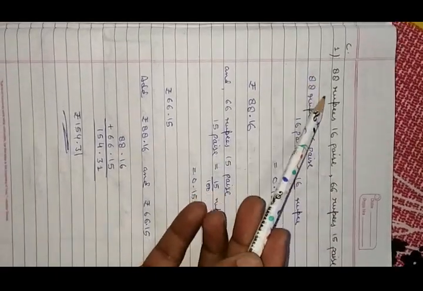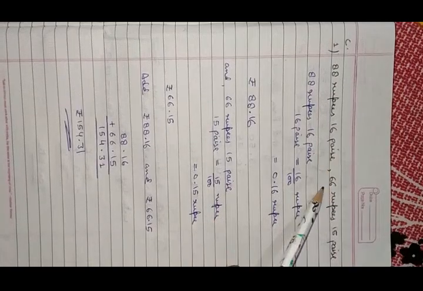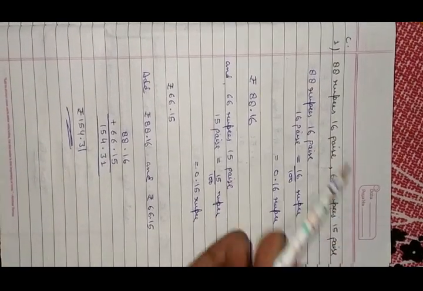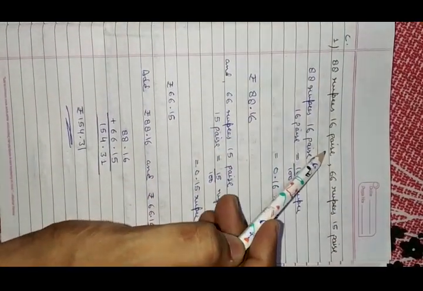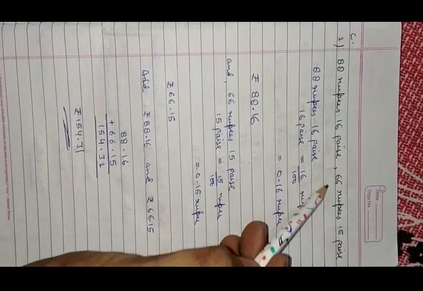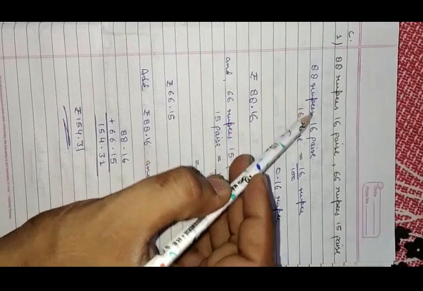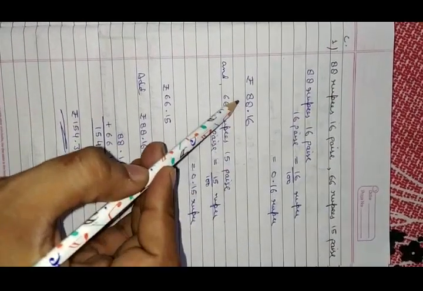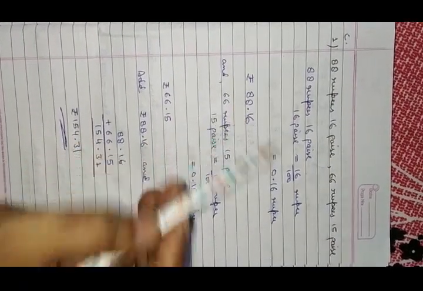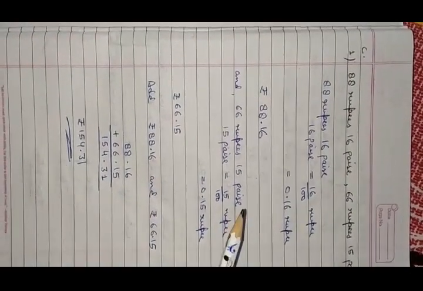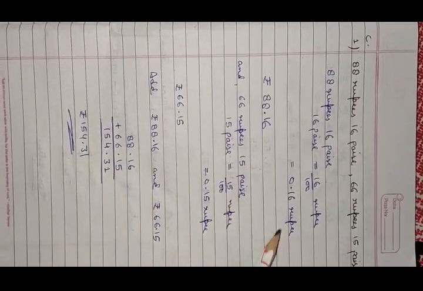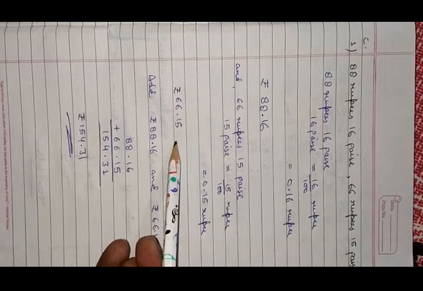First question: 88 rupees 16 paise and 66 rupees 15 paise. First we have to convert this into decimal rupees. When we convert 88 rupees 16 paise to rupees, it becomes 88.16, and 66 rupees 15 paise to 66.15 rupees.